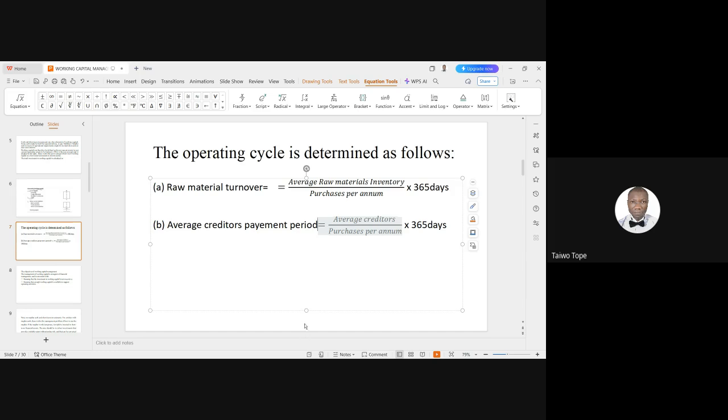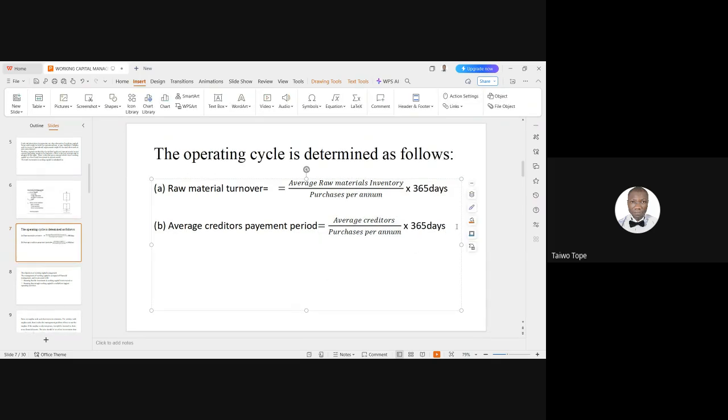What will be your formula? Start that as C. We can have period of production, in brackets, work in progress, because the question can ask you to compute this.